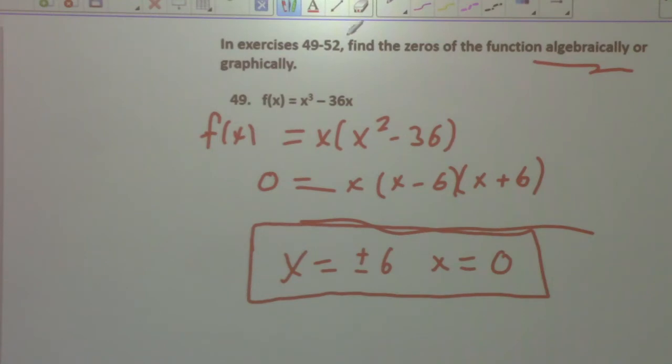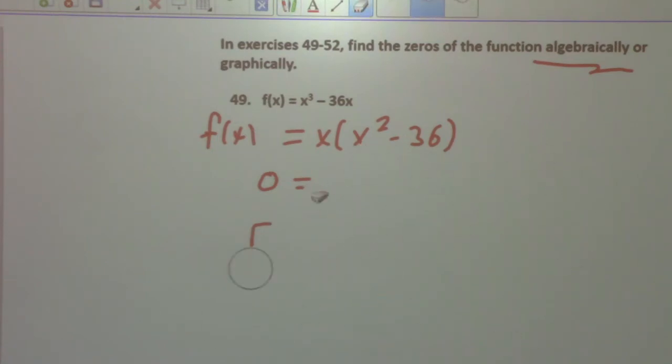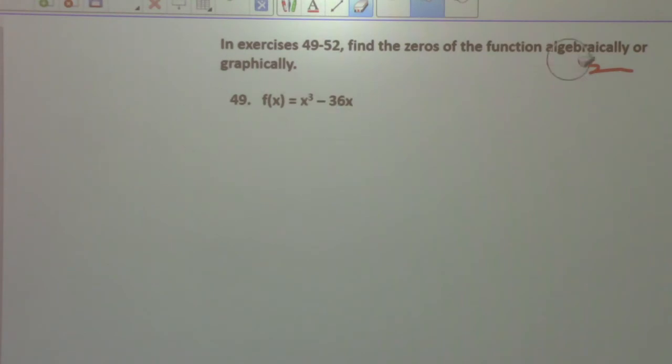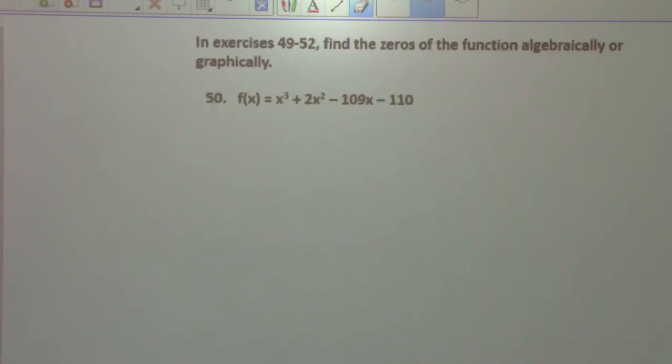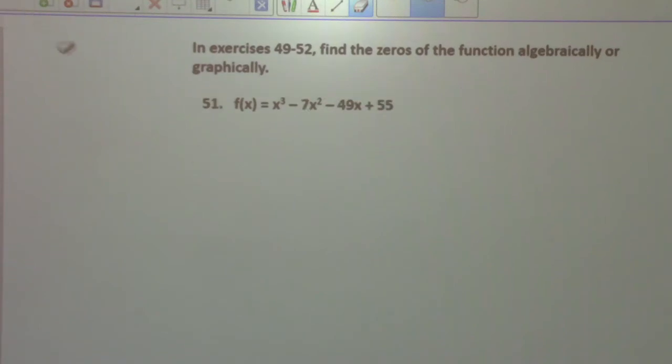All right. Let's go on ahead here. I want to choose somebody for number 50. The 50 is more complex. So something that's there that we haven't done, I would suggest graphically.